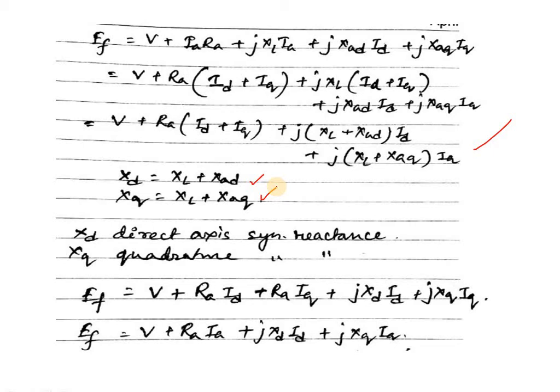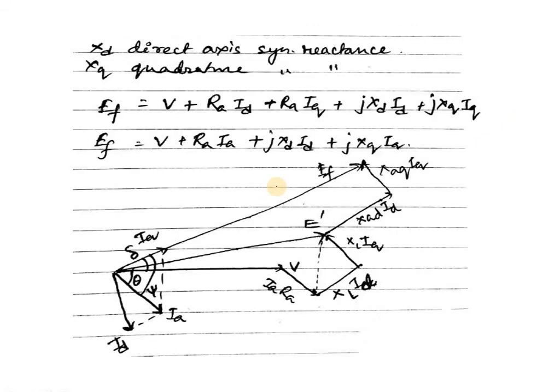Now Ef equals V plus RaId plus RaIq plus jXdId plus jXqIq, where Xd is the direct axis synchronous reactance, Xq is the quadrature axis synchronous reactance, and Ef equals V plus IaRa plus jXdId plus jXqIq.